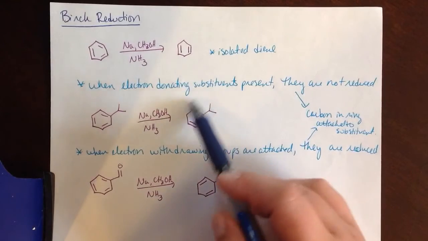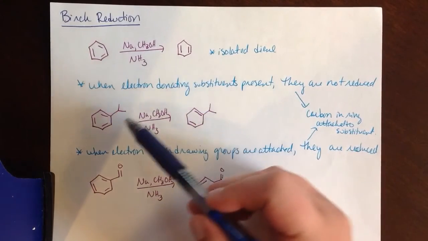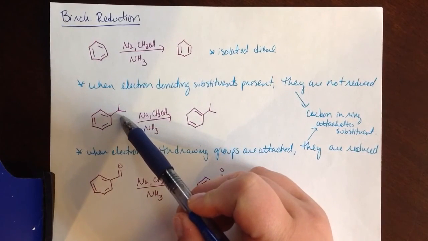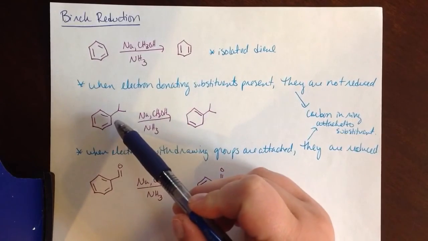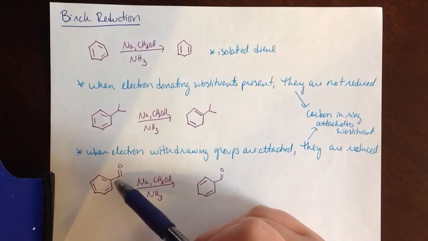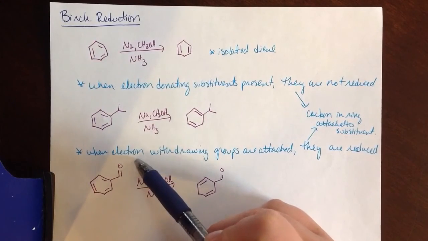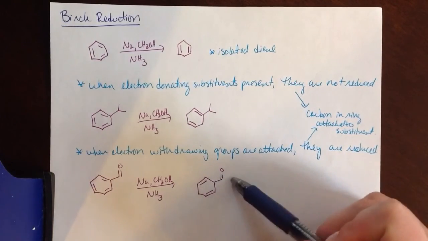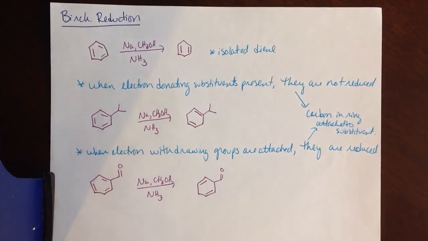So just something to think about here for right now is that R groups, in other words, alkyl groups, push electrons in. That's the reason why it's here. A C=O bond will pull electrons out, and that's the reason why it's not involved in that double bond. Okay, thank you.